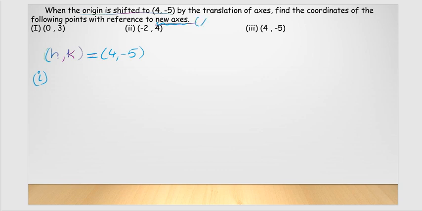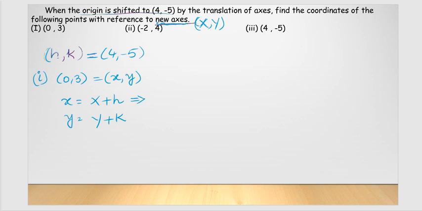New axis means I need to find the values of capital X and capital Y, right? Now what has he given first? He has given 0 comma 3, which is nothing but small x comma small y, right? You know the relation: small x is equal to capital X plus h, small y is equal to capital Y plus k, right? Now substitute the values here.